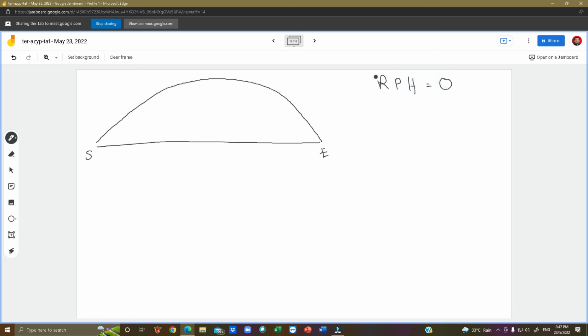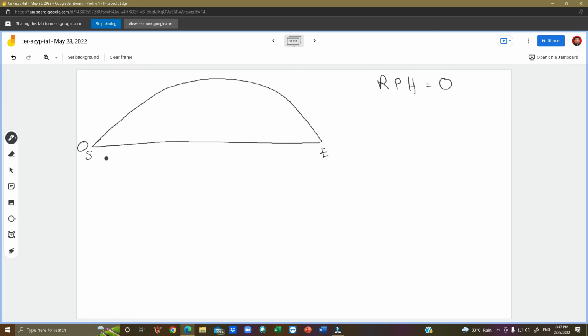Relative projection height ni is actually the difference between the height of start and the height of end. Contoh macam bola sepak macam ni lah. RPH dia kosong because padang bola mana ada lekuk-lekuk kan.